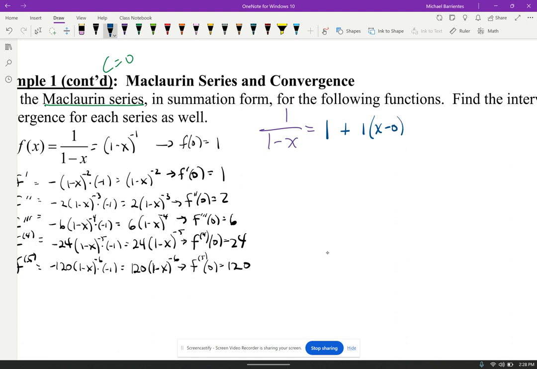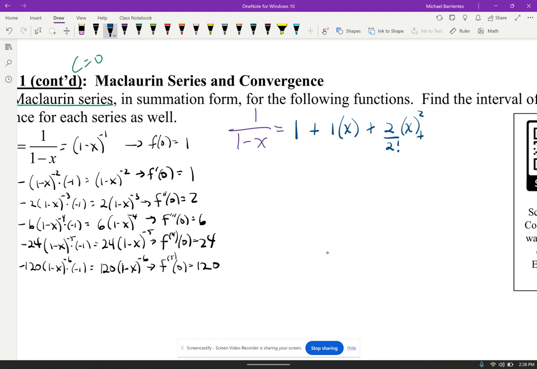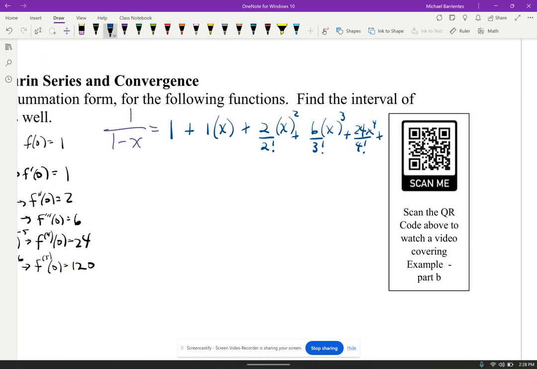Oh, but my c is just 0, so really it's just that, plus 2 times x minus 0, which is that, squared divided by 2 factorial, plus 6 times x minus 0 to the third divided by 3 factorial, plus 24x to the fourth divided by 4 factorial, plus 120x to the fifth divided by 5 factorial, and so on, plus dot, dot, dot, right?